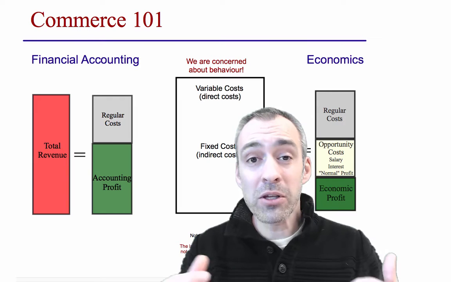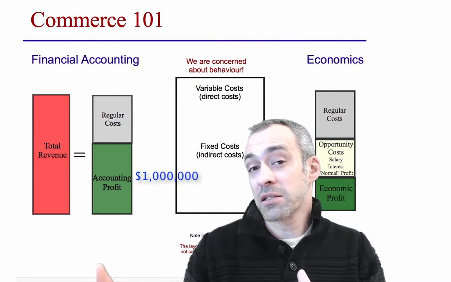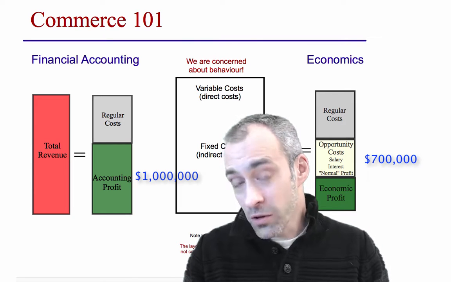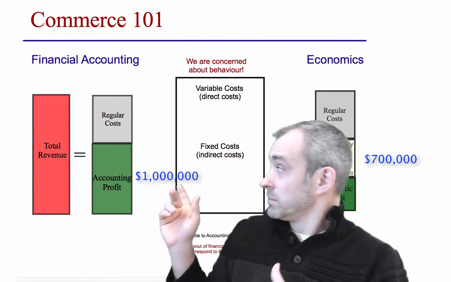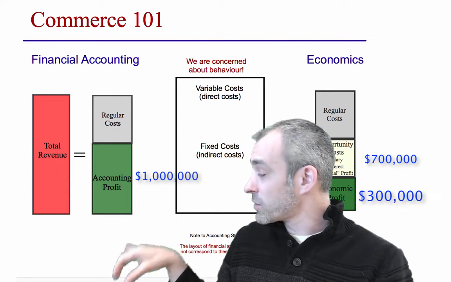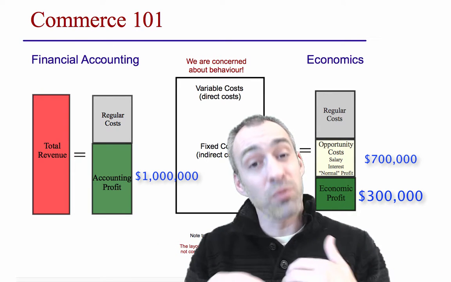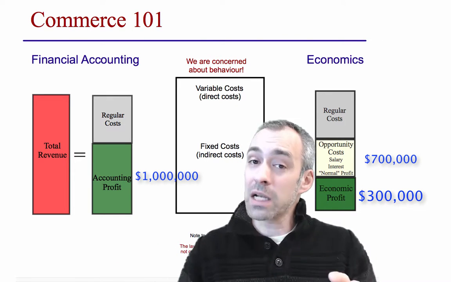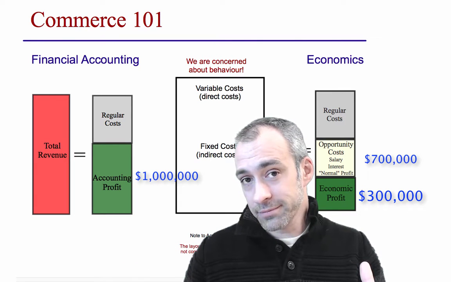So if you're making $1 million accounting profit. But the second opportunity you passed up, you could have made $700,000 profit. Then your $1 million of accounting profit here, its economic profit is only $300,000 because you're only beating the next best alternative by $300,000. So when we talk about profit in this unit, we mean economic profit.